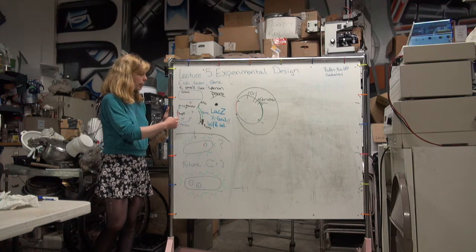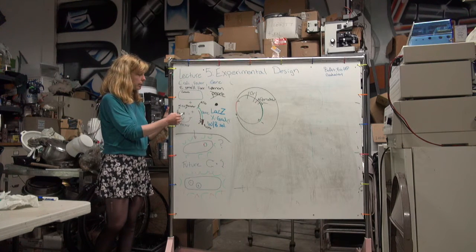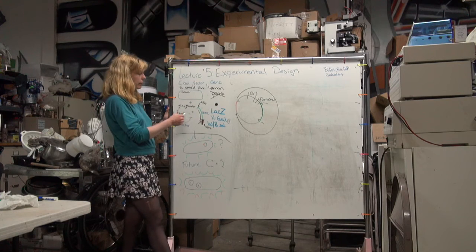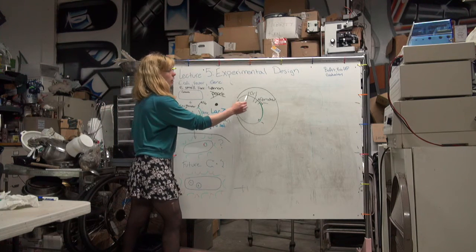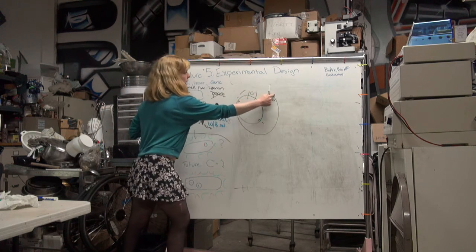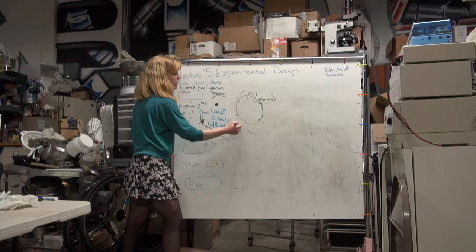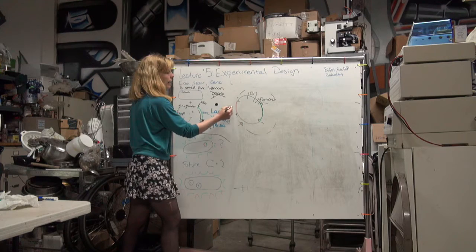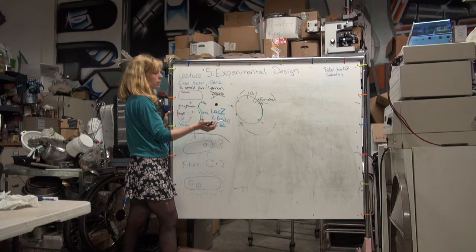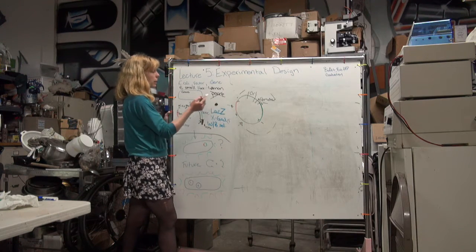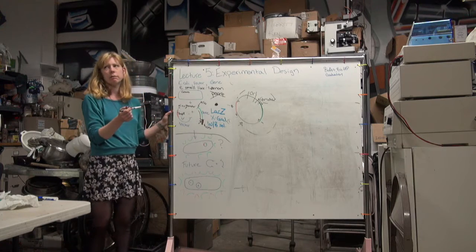This gene is being put into this vector here with ampicillin resistance. E. coli that get this plasmid will make antibiotic resistance. Those are the only ones that are going to be able to grow on the media.